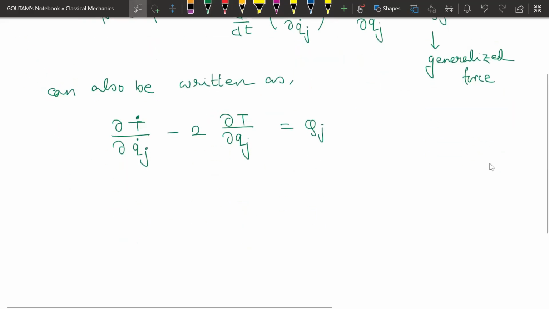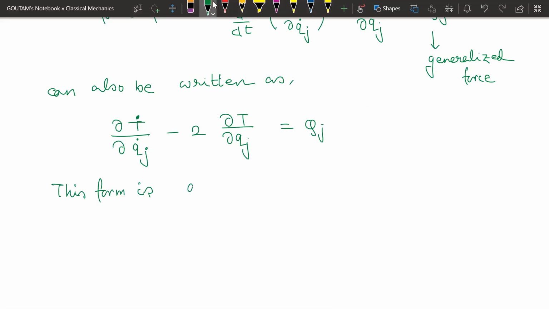And this form is also known as the Nielsen form of Lagrange's equation.